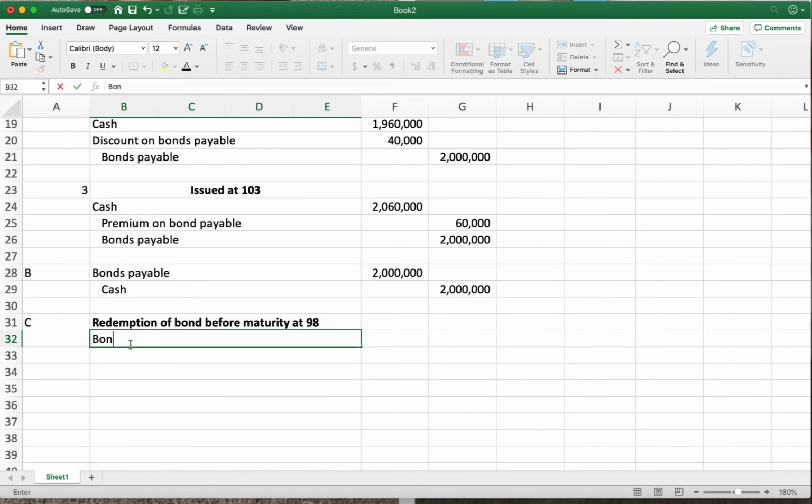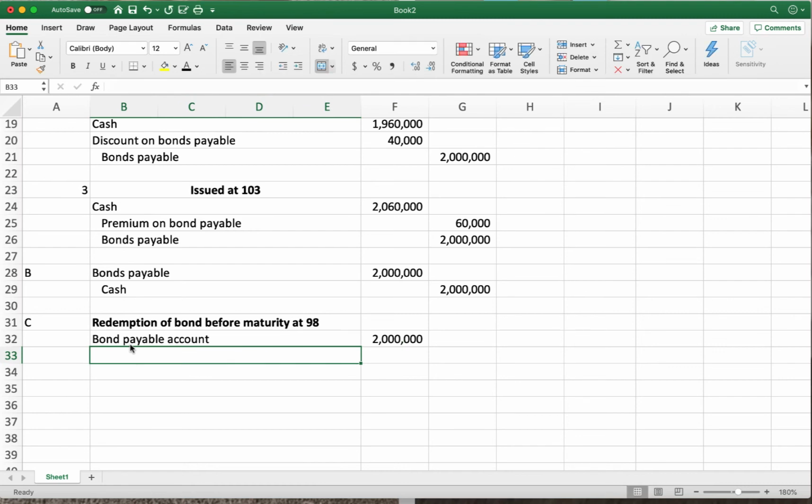So that's our bonds payable account. Okay? And that's $2 million. The next thing, they told us that the premium on bonds payable account has a balance of $9,000.